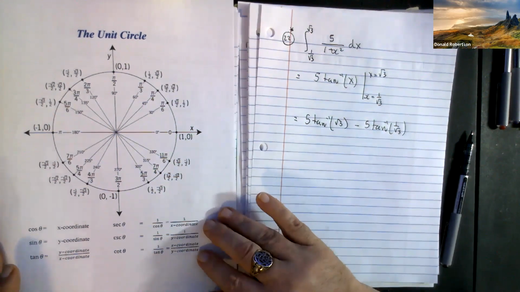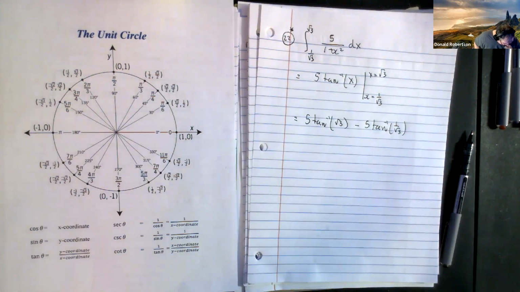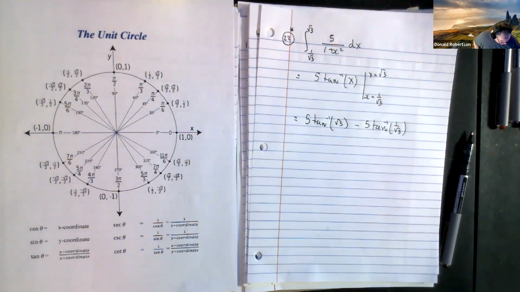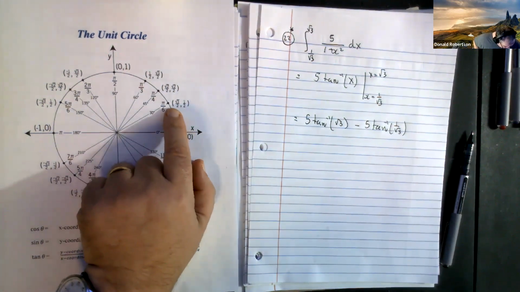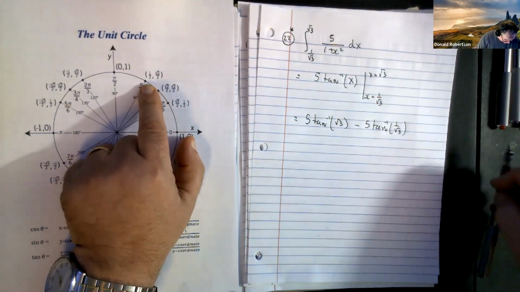Well, if I look around for angles here that are going to give me tangents, and tangents you get by taking the y and dividing by the x, the two candidates are either pi upon 6, because we always do radians, or pi upon 3.